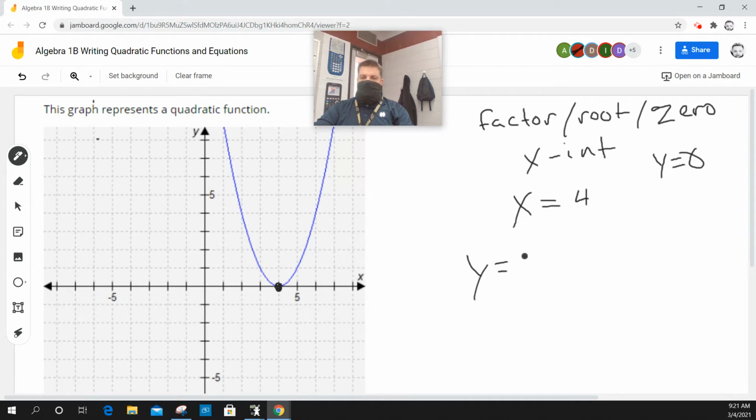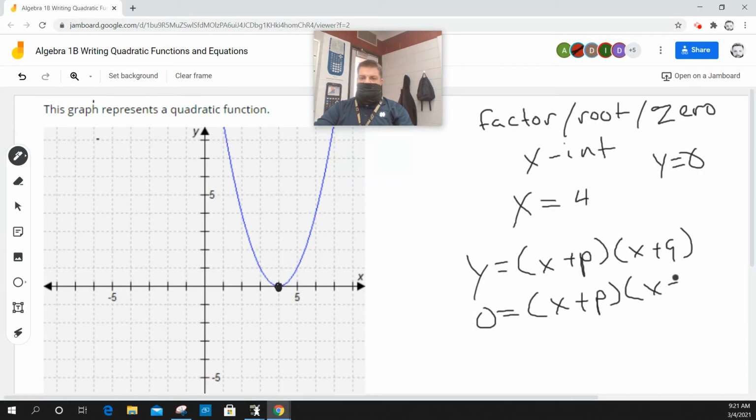In factored form, we have x plus a number p times the quantity x minus or plus q. And then when we go to factor and solve that, we set it equal to 0 and we get this: x plus p times x plus q. There's numbers for p and q.